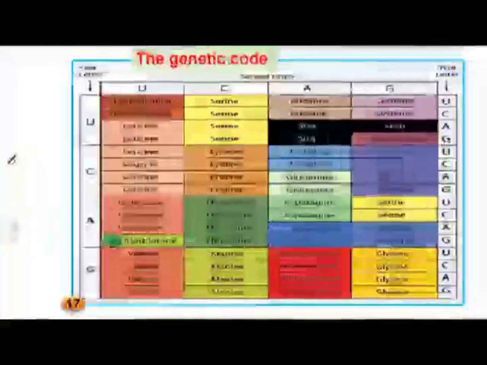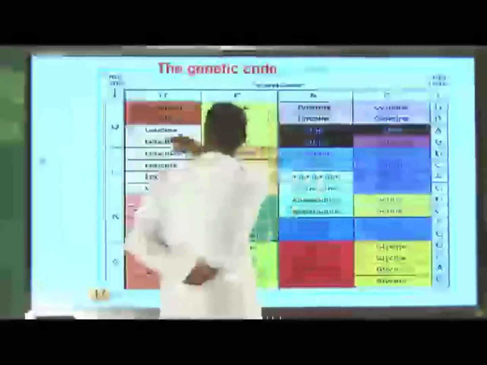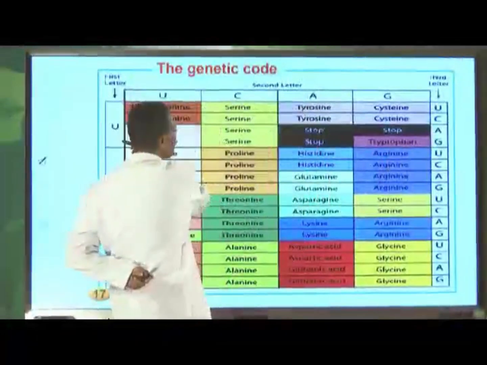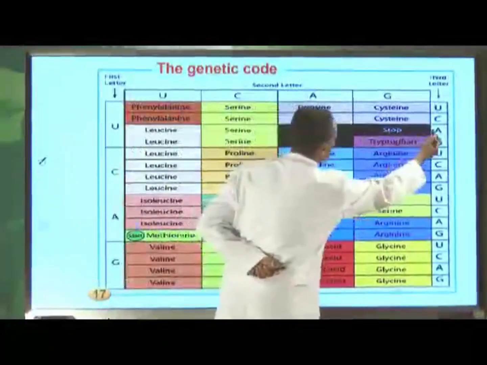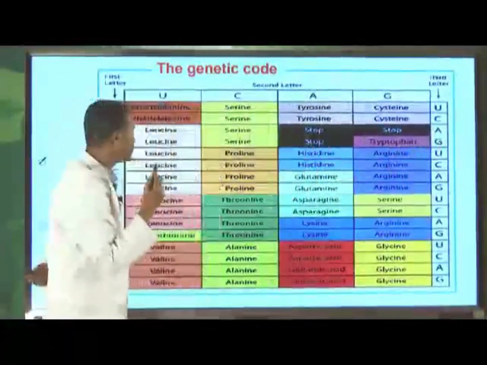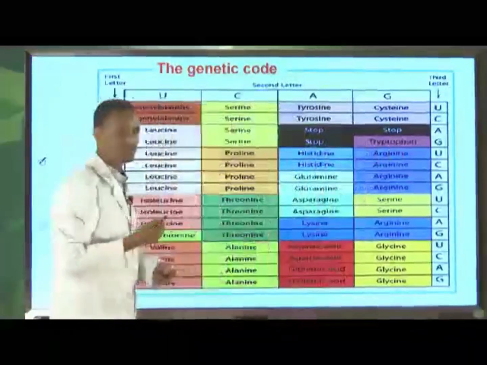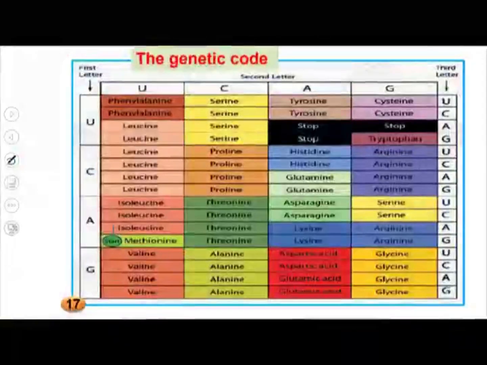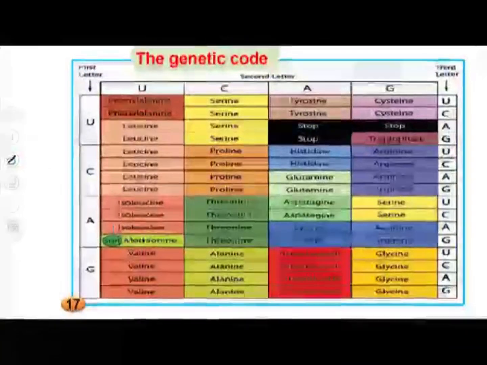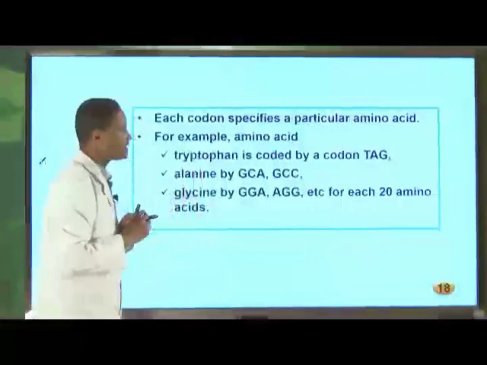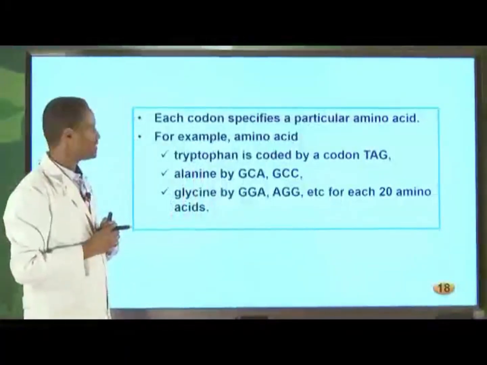Here, if you see the stop codons, we have 3 stop codons. The first stop codon is uracil, adenine, and adenine. For the second one, uracil, guanine, and adenine. The third stop codon is uracil, adenine, and guanine. This is how the codons can encode different amino acids. Each codon specifies particular amino acids.